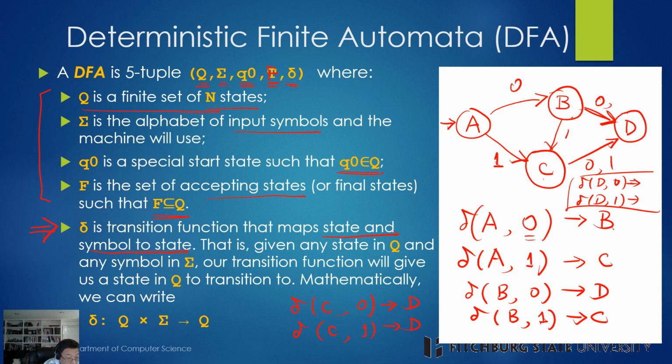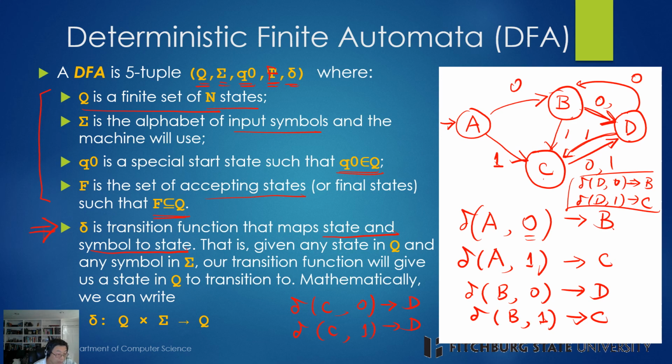If it's 0, we map back to B. If it's 1, the current state is D and the current value is 1, we map back to C. Now that's a complete definition of the transition function, right?